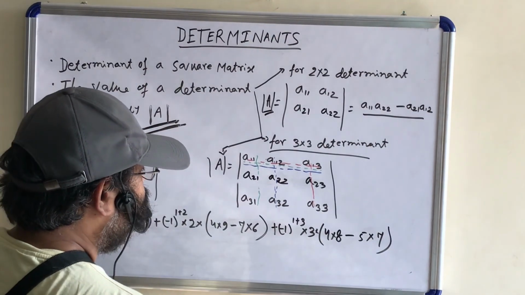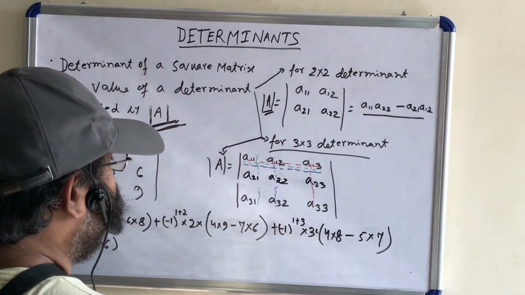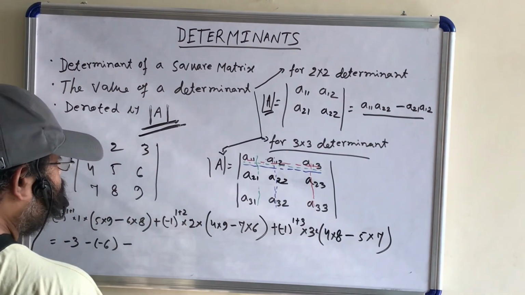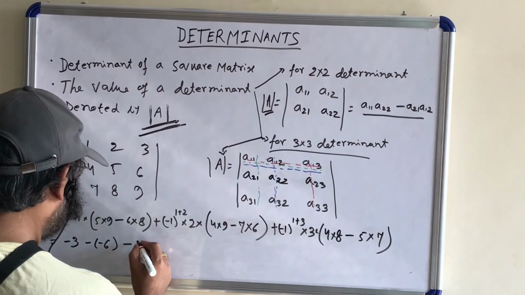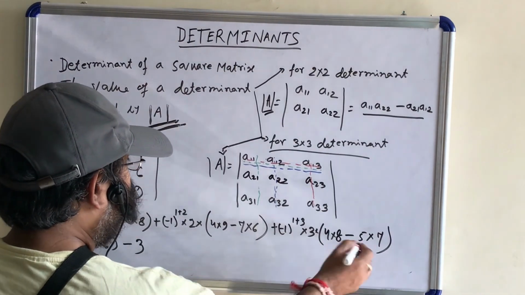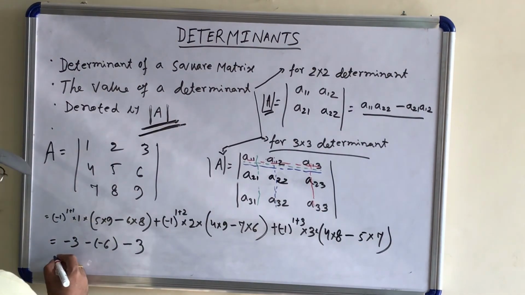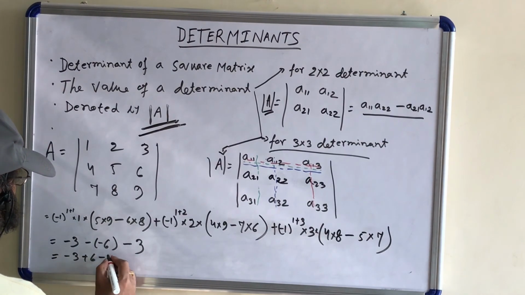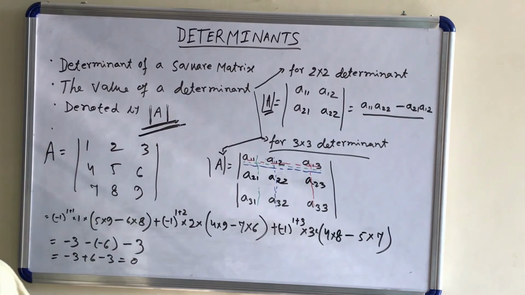And here it will be 32 minus 35, that is minus 3. So equal to minus 3 plus 6 minus 3 equal to 0, the value of the determinant.